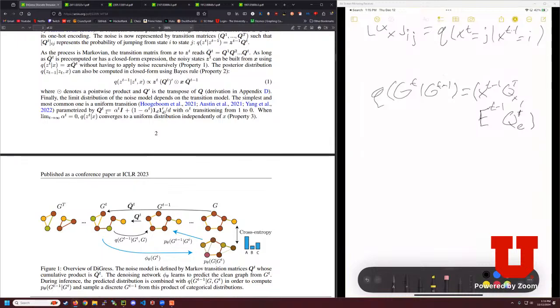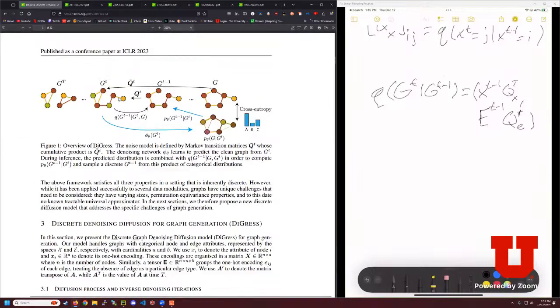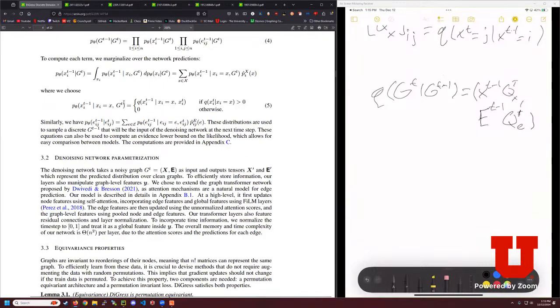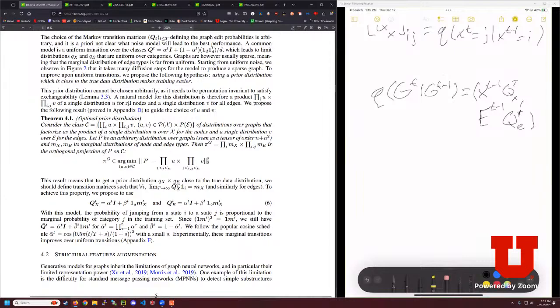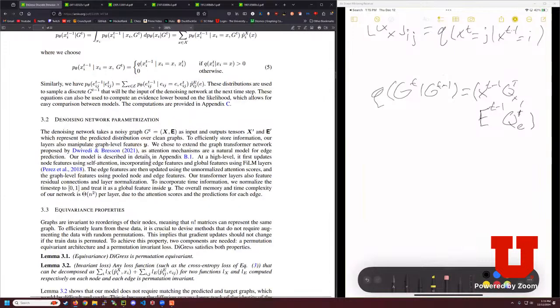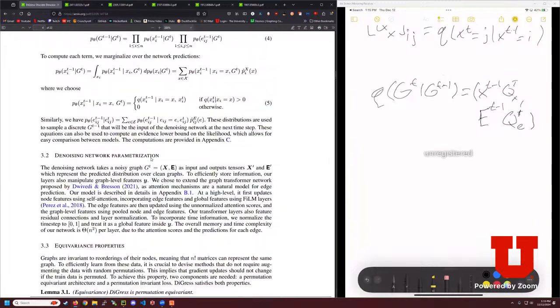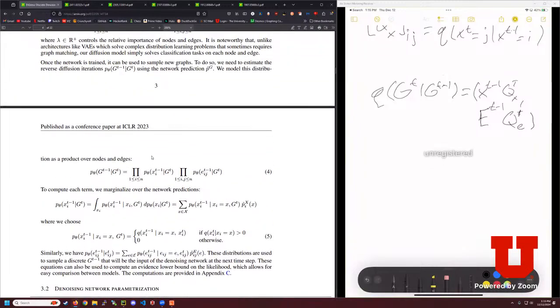I'm just double checking to make sure. Yes, the Q matrices are noise that we can sample from. And we have other definitions for it further down, of different ones. But yeah, we'll sample our Q.